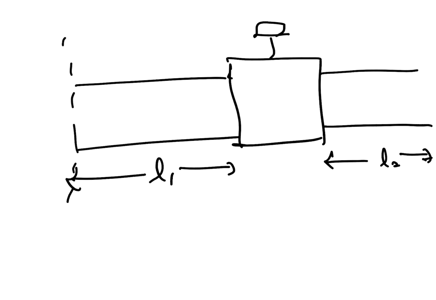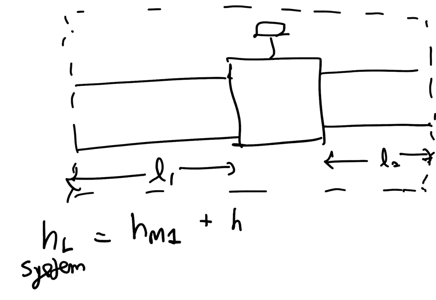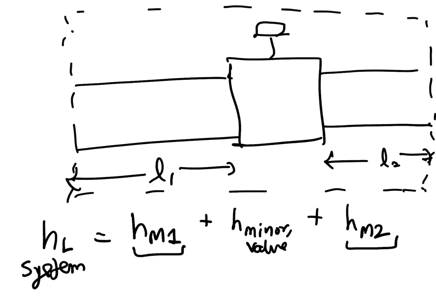If you consider the whole assembly, including the two sections of straight pipe and one valve, as your system, the delta P, or the head loss across the entire system, is the major loss across pipe 1 plus the minor loss across the valve plus the major loss across pipe 2. I've already given you the recipe to calculate these two terms. We are going to look at how to calculate the minor head losses across any component.